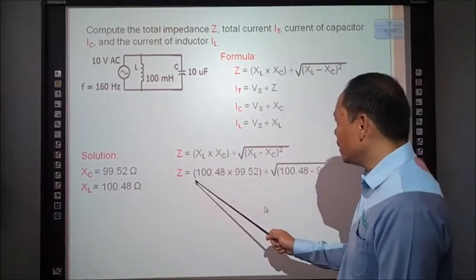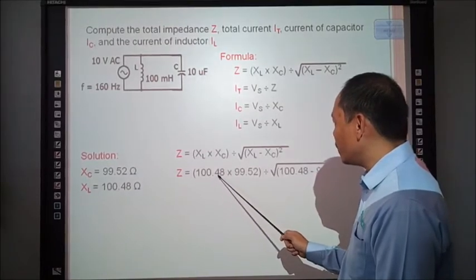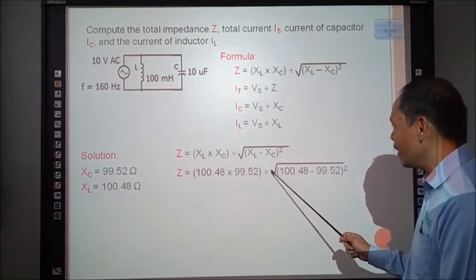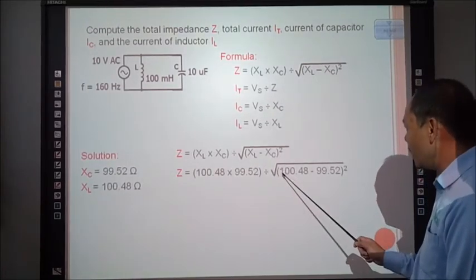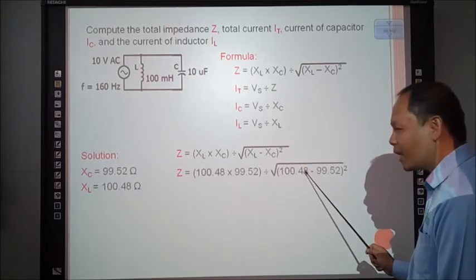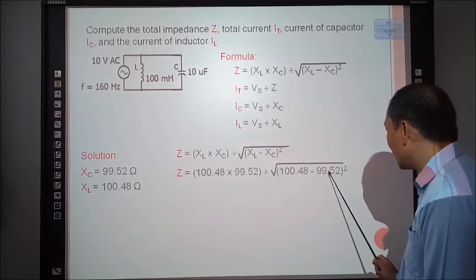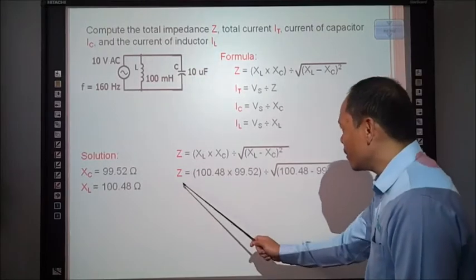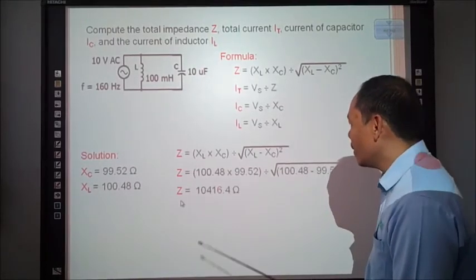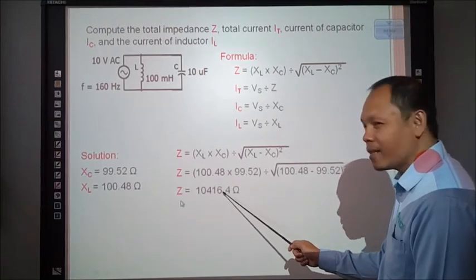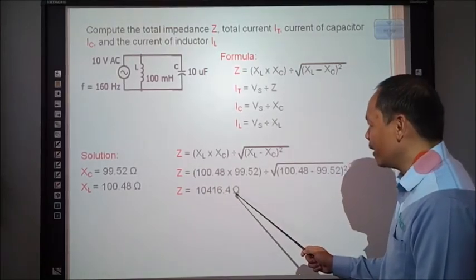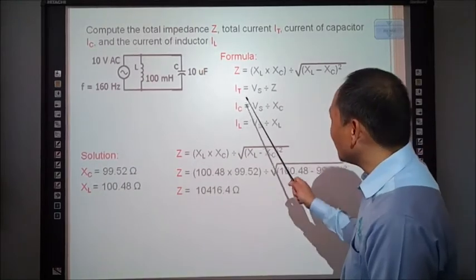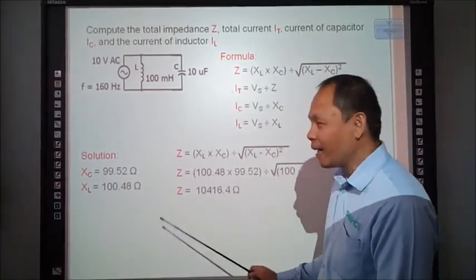Z is equal to (100.48 times 99.52) divided by the square root of (100.48 minus 99.52) squared. So your Z is equal to 10,416.4.